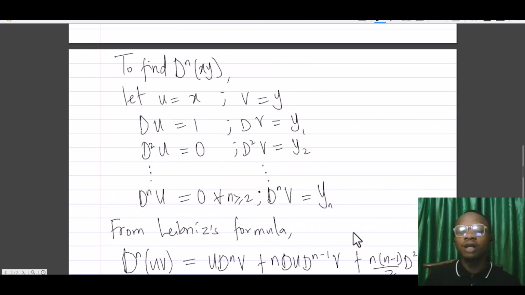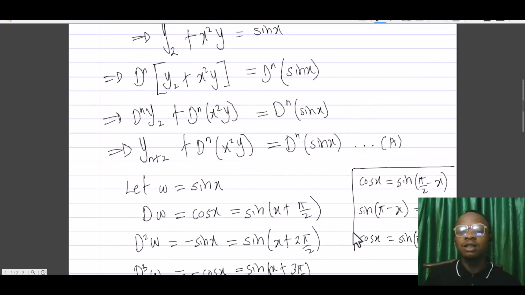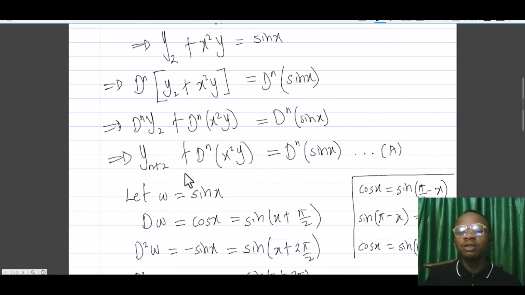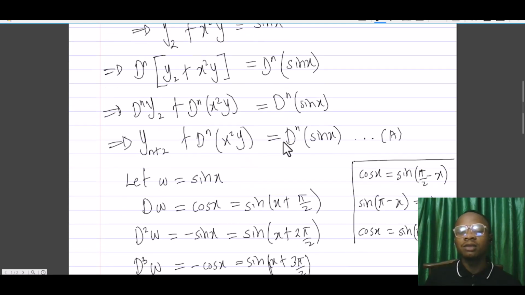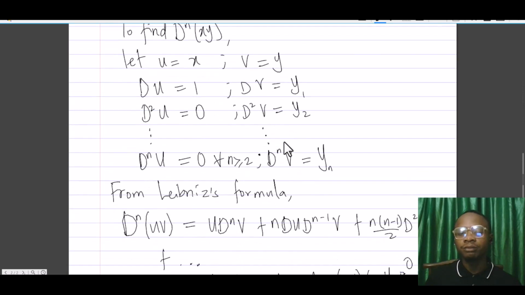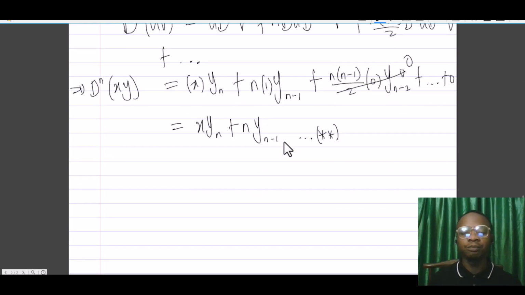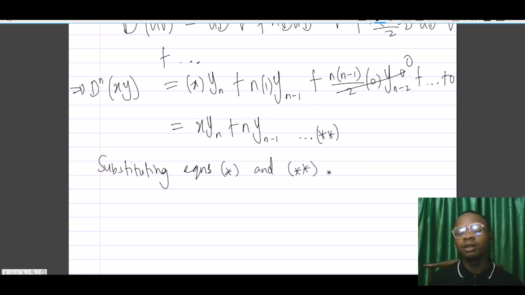Okay, so now we have the expressions we need to simplify our equation A. So we can put all of those things back here to simplify our equation A. Going further now, substituting equation star and star star in equation A, what is going to happen?